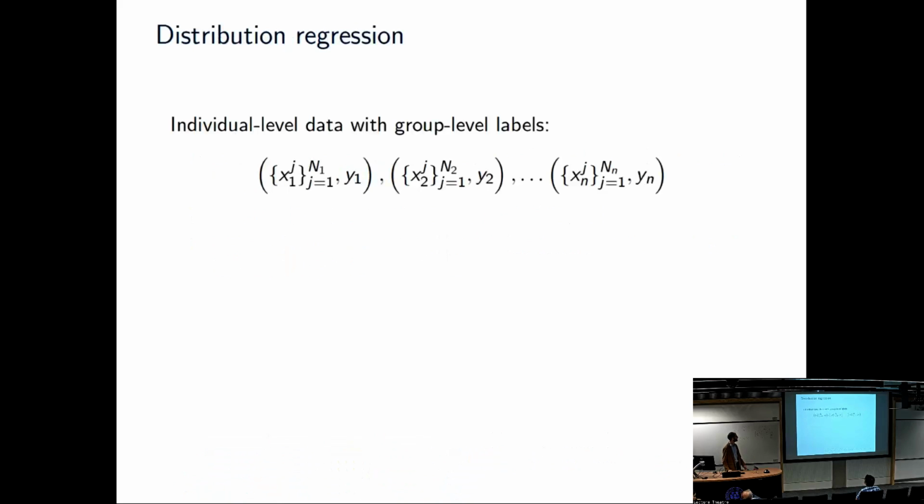Okay, so here is a little more notation, but this is the same thing I have here. So I've got n, little n, different bags, different electoral districts. I've got capital N1 individuals in the first one, capital N2 individuals in the second one, up to capital NN individuals. And this is from the census.